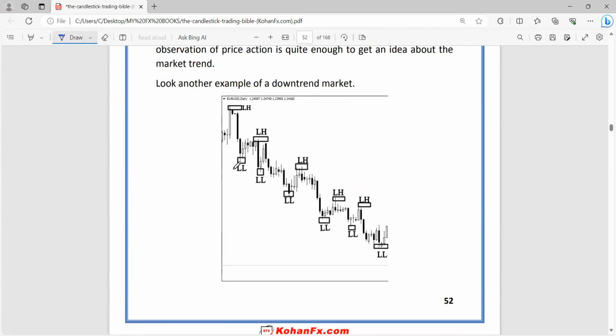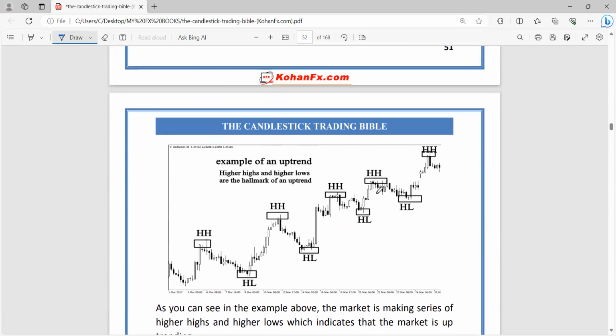a downtrend. Now for this downtrend, you notice that it has different names. By the way, if I go back here, you don't really need to focus on these names like higher highs, higher lows. If you confuse them, it's fine. What you just need to understand is the concept.